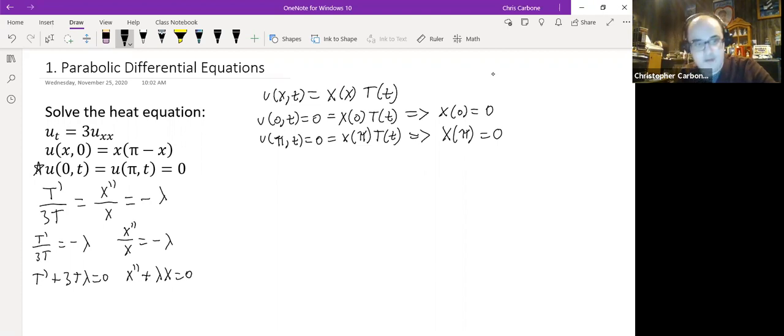So then, we now have these two equations and these two conditions, which we have based upon this. So when it comes to solving this partial differential equation, we would get, for the eigenvalue, lambda sub n, this is going to be equal to n squared.